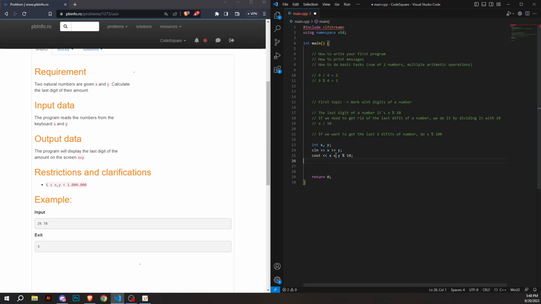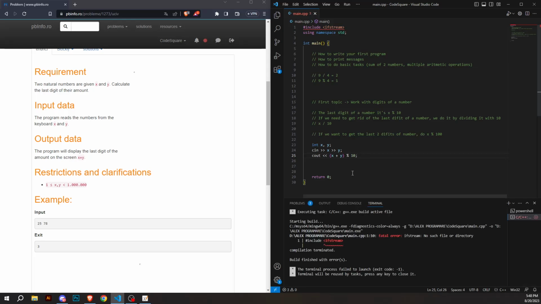So the adding operation has less priority than the remainder operation. So we are going to get x plus the last digit of y, and that's not what we want. In order to avoid that, we need to make sure that the sum is made first, so we put x plus y in parentheses. Please don't forget to do that, and we should be good to go.